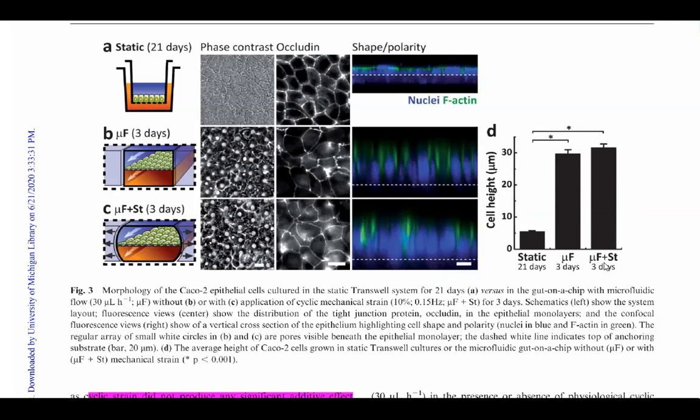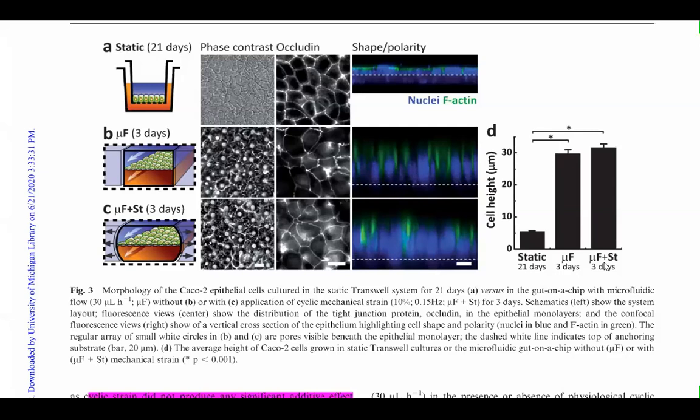And it gets interesting when we realize that in the literature, the epithelial cells in a healthy, intact intestine in vivo have between 30 to 40 micrometer cell height.